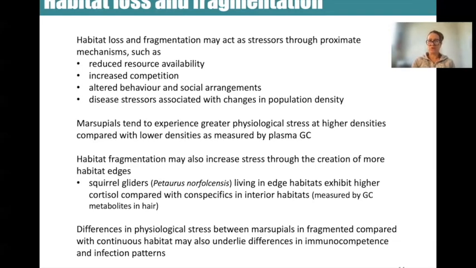Differences in physiological stress between marsupials in fragmented compared with continuous habitat may also underlie differences in immunocompetence and infection patterns. So flow-on effects of that stress response influencing how individuals cope with disease and illness.